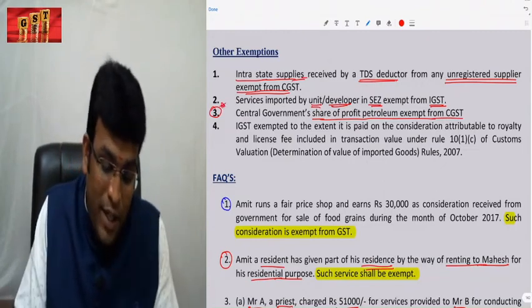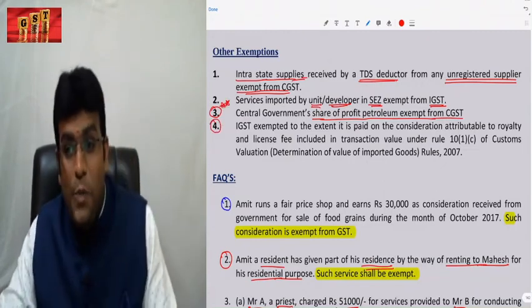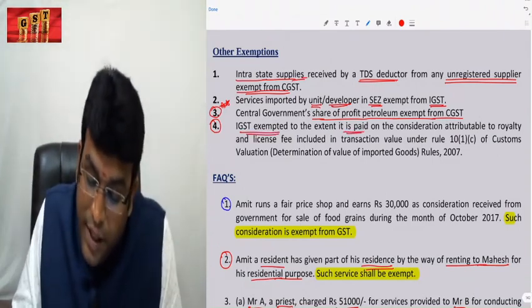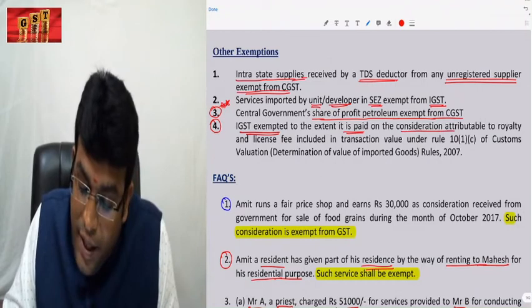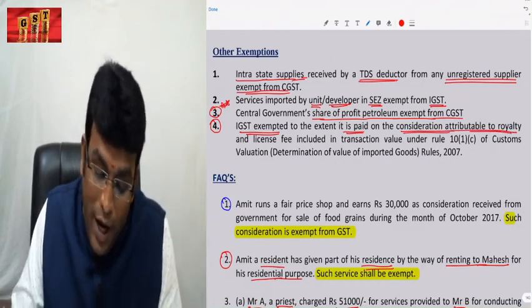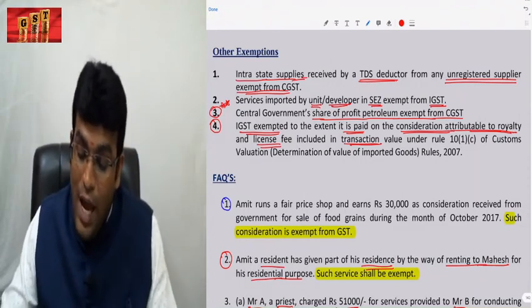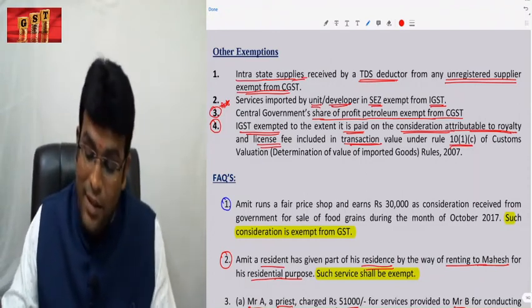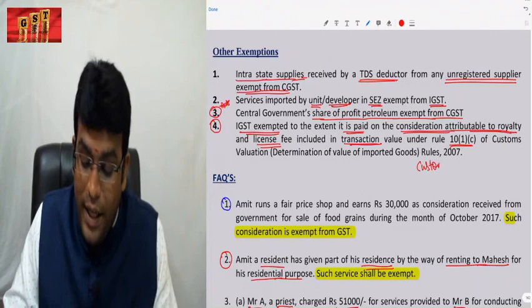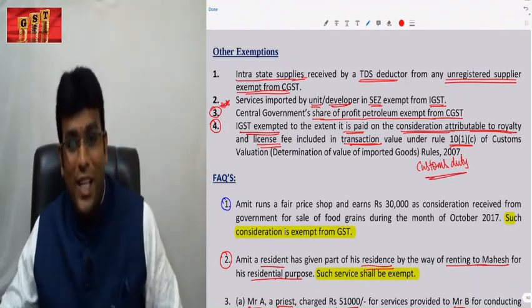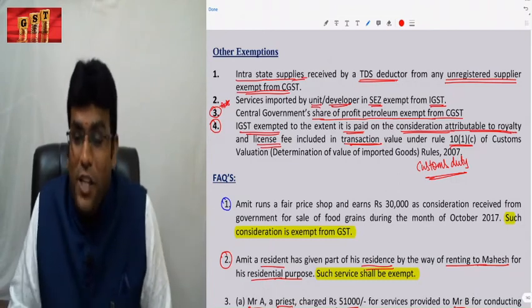Very, very important. Finally, last point, my dear friends: IGST is exempted to the extent it is paid on the consideration attributable to royalty and license fee included in transaction value under Rule 10(1)(c). We will talk about this in detail when we go to customs duty, because in customs we have special provisions of valuation.